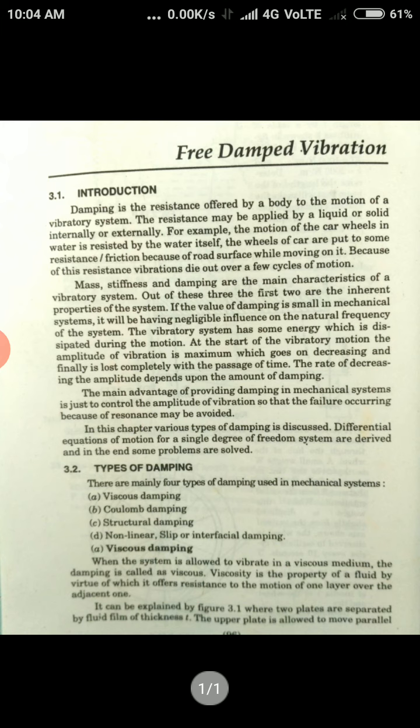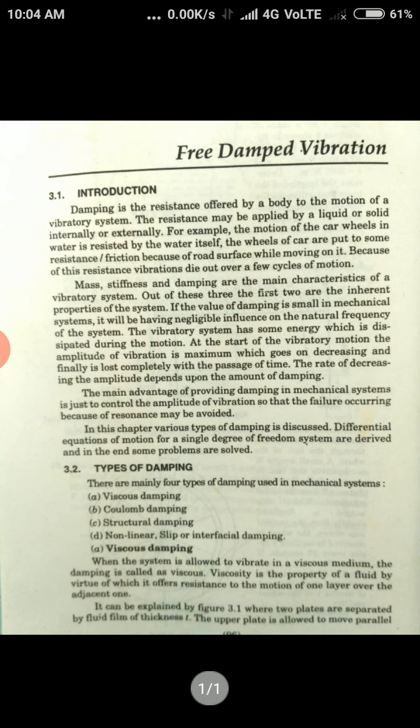The foundation is the one which will absorb the vibrations and reduce their effect on the machine. Otherwise, there will be more vibrations and it will not be able to function smoothly. So in order to reduce the vibratory motion, you have to provide the foundation, or in other words, you have to provide the damping.